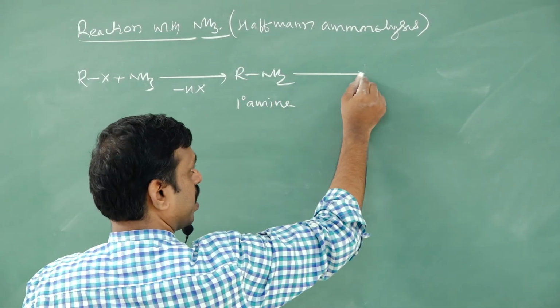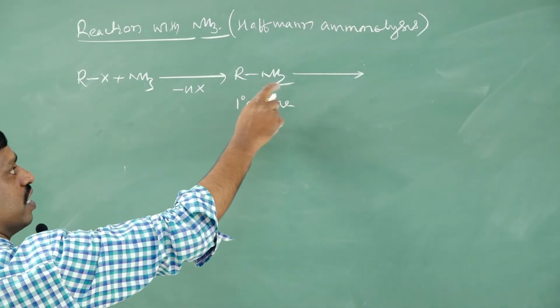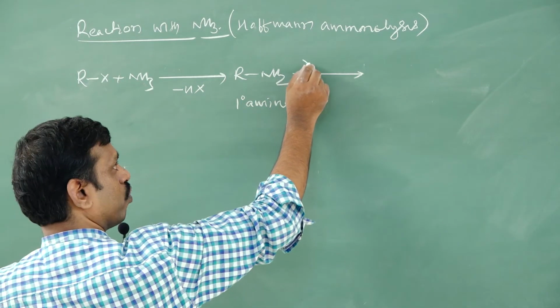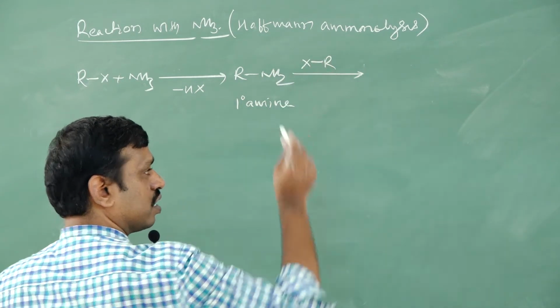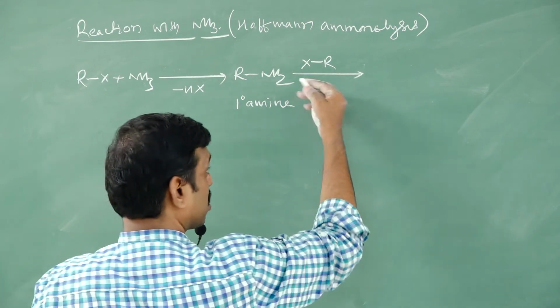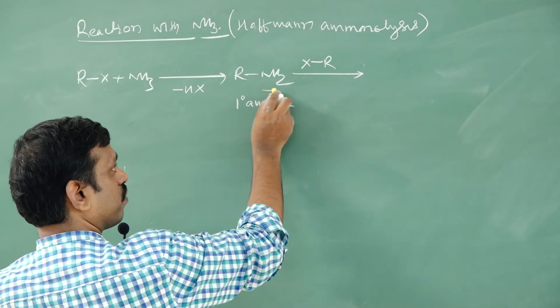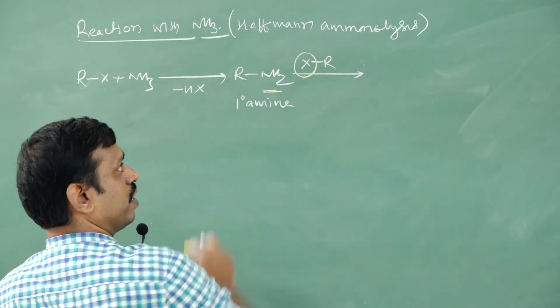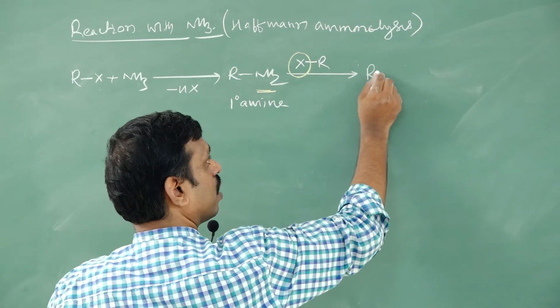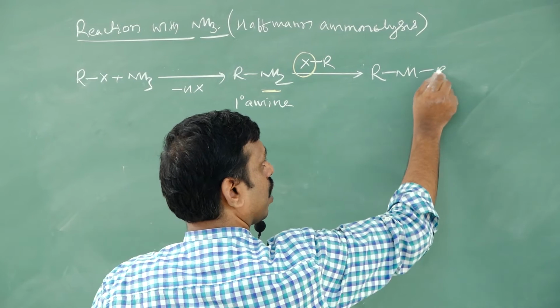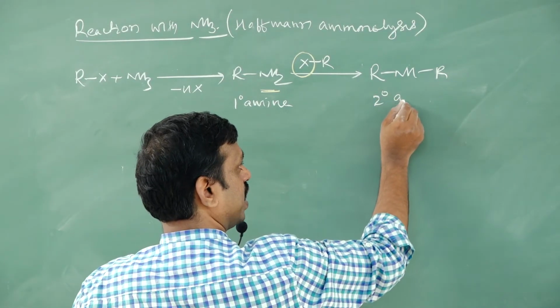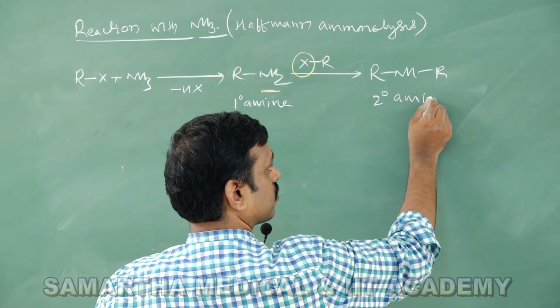This primary amine still contains two hydrogens, therefore it again reacts with another mole of alkyl halide. Remove one hydrogen from here and X from here, then you will get RNHR. It is called a secondary amine.